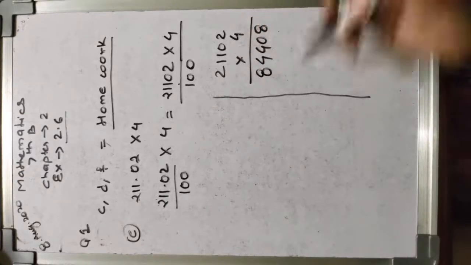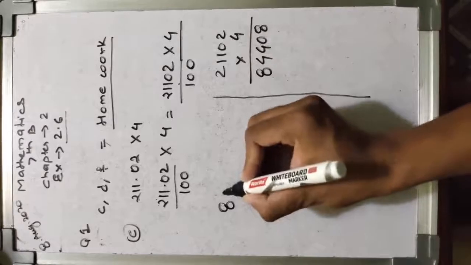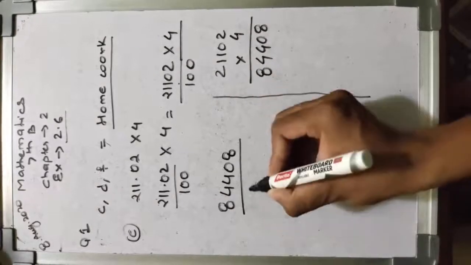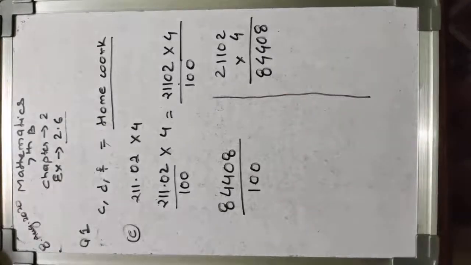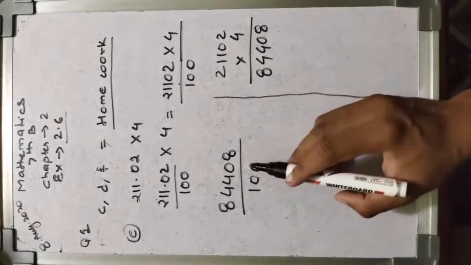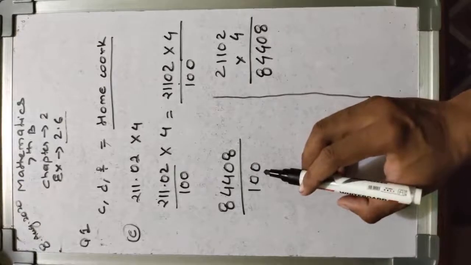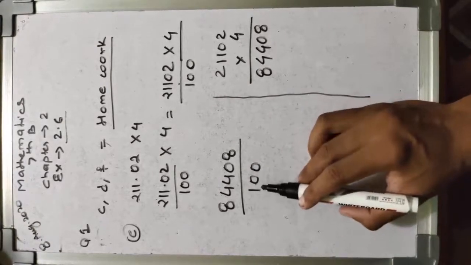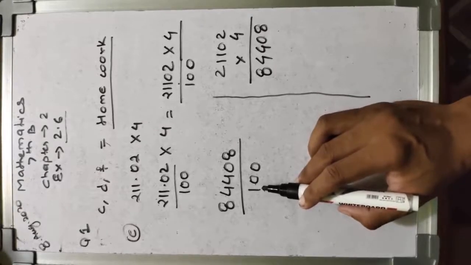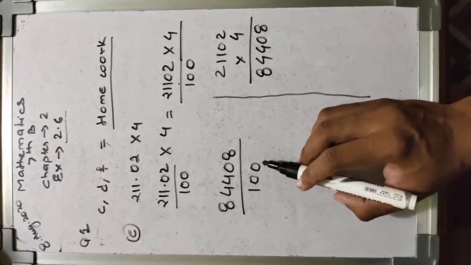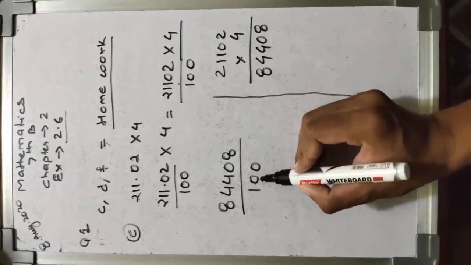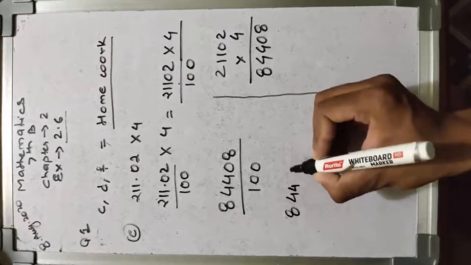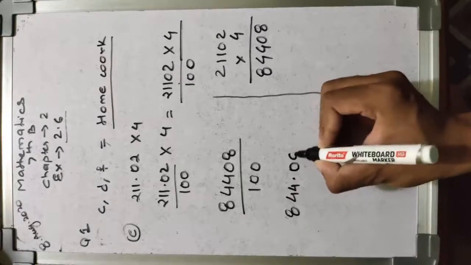I get here 84408 divided by 100. Always remember how to divide a number whose denominator is 100, 10, or any 1 followed by zeros. Here are 2 zeros, so what will I do? I will just put the decimal before 2 digits.